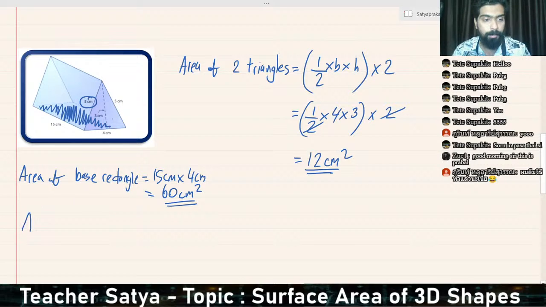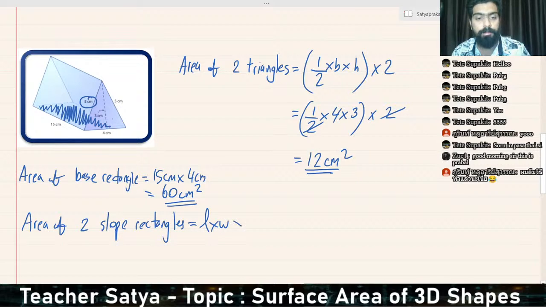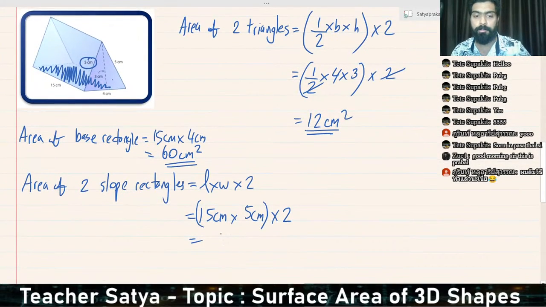So area of two slope rectangles is equal to length times width times 2, as there are going to be two rectangles. So we would have the length as 15 centimeter multiplied by the width, which is 5 centimeter, and we are going to multiply it by 2 because there will be two rectangles, right?